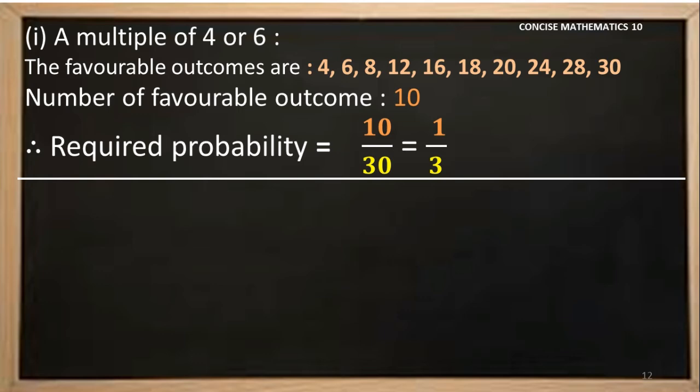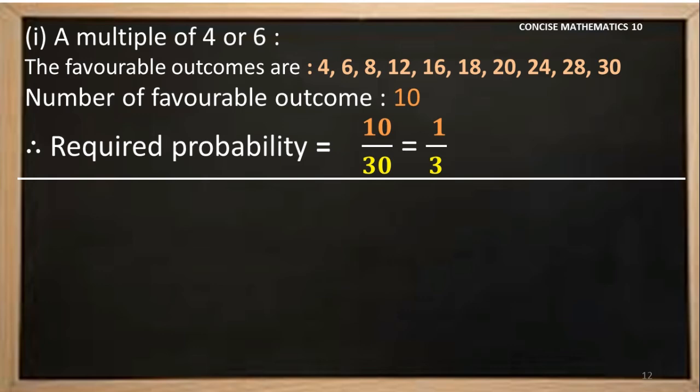Now concentrate on the second condition, that is sub question 2. Find the probability that it is a multiple of 3 and 5. So when it is 3 and 5, both the conditions should be satisfied. That means we need to choose a number which is a multiple of 3 as well as a multiple of 5.